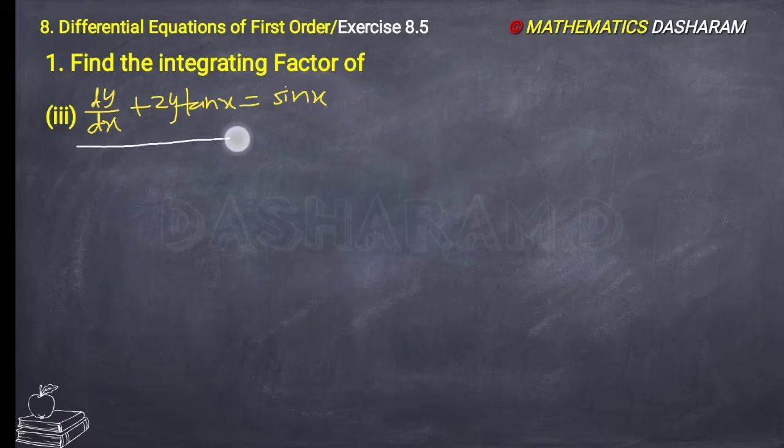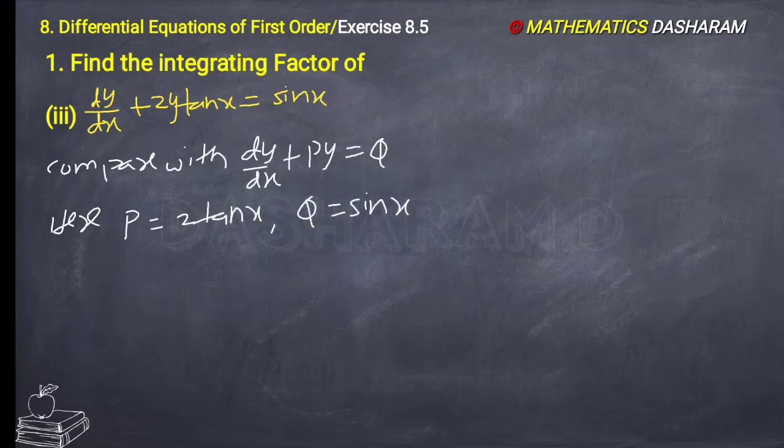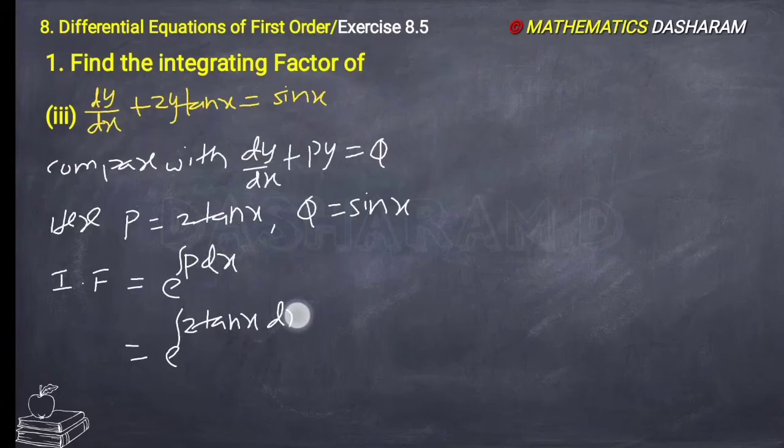Third question, dy/dx + 2y tan x = sin x. Compare with the standard form dy/dx + P y = Q. Here the P value is 2 tan x and the Q value is sin x. Now the integrating factor formula is e to the power of integration P dx, so e to the power of integration 2 tan x dx, which is e to the power of 2 times integration tan x dx.